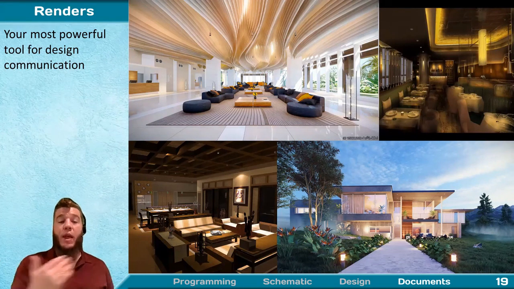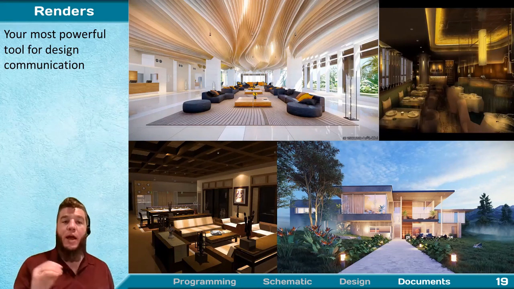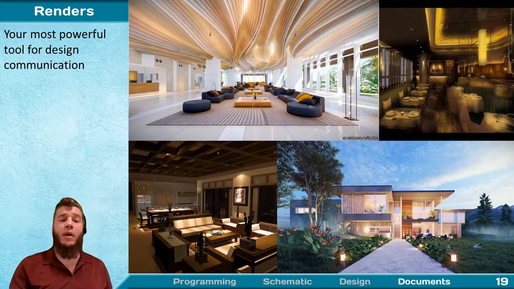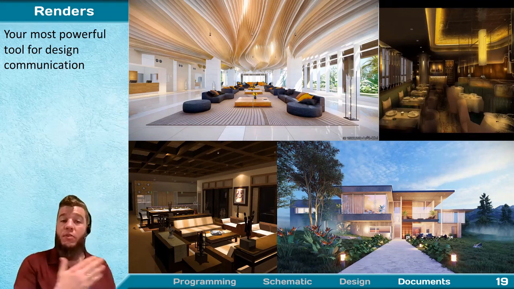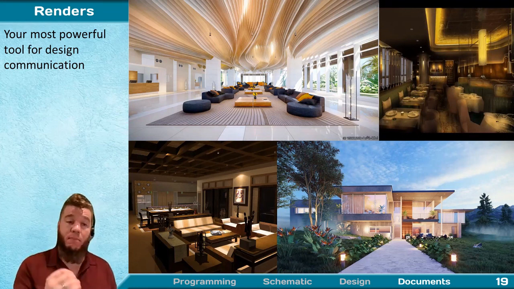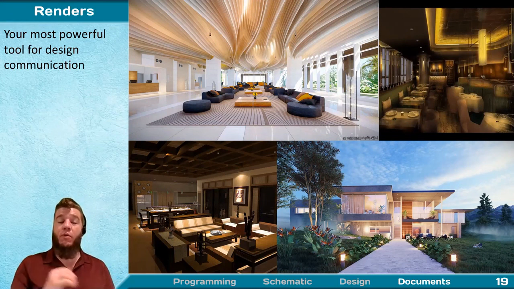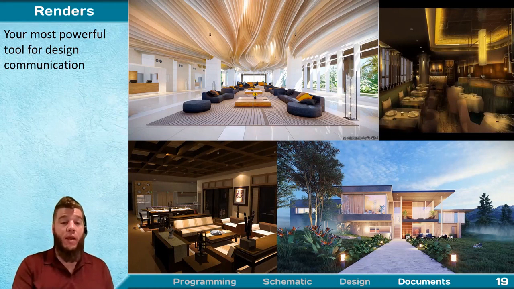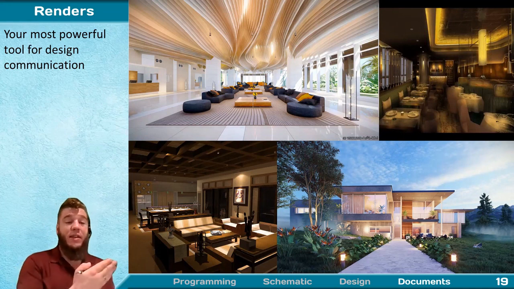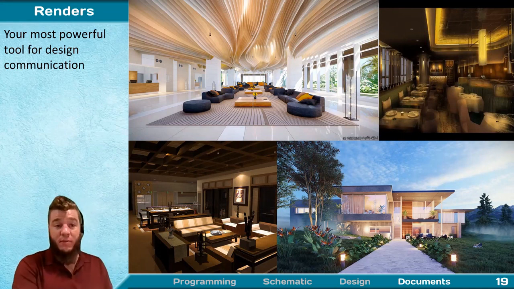However, your renders, regardless of platform, are your most powerful tool for communicating your design, demonstrating what your design is going to do to make that space amazing. So don't forget your renders, and absolutely use that as a part of your iterative design process to understand the way that light is transporting throughout your space and the way that light is actually going to be perceived in your space.